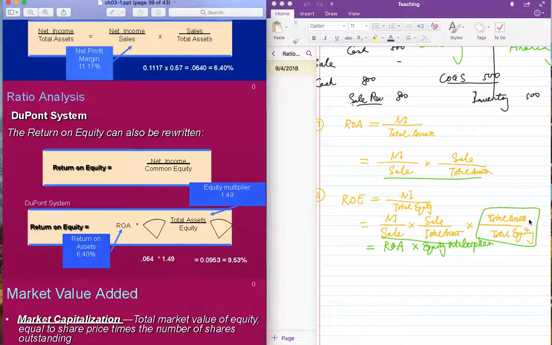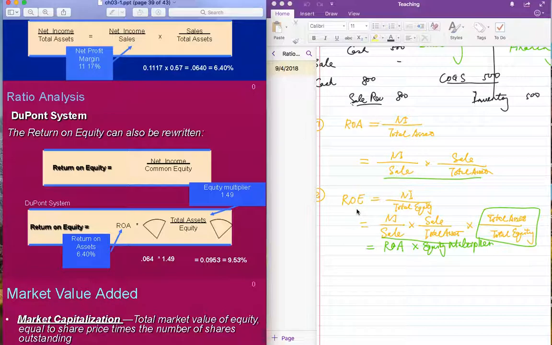Always remember, assets you cannot touch that much, but it's very easy to change the makeup of the financing of assets. You can make the equity section of financing lower and the debt financing section higher. When you use more debt and less equity, your equity multiplier increases and leads to greater ROE.